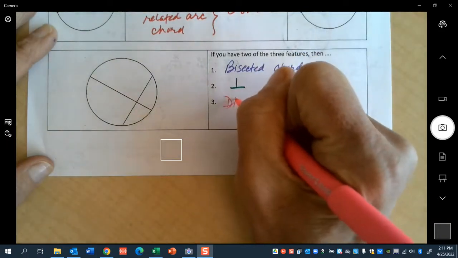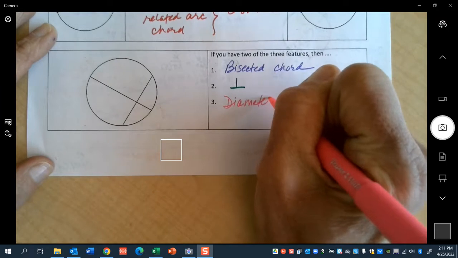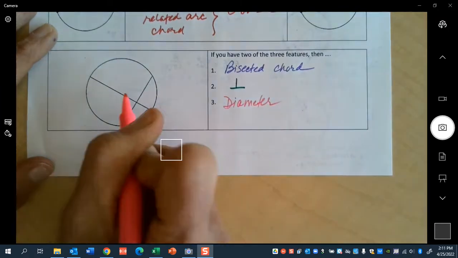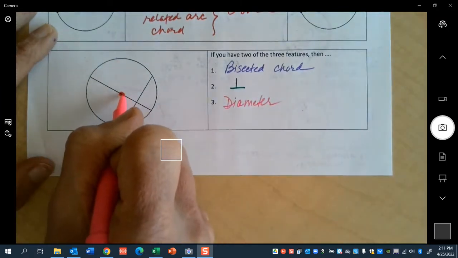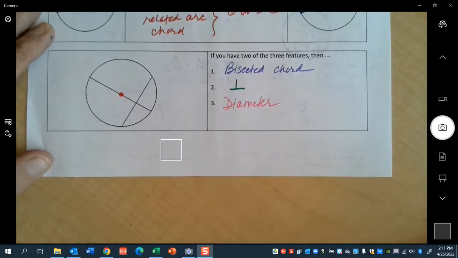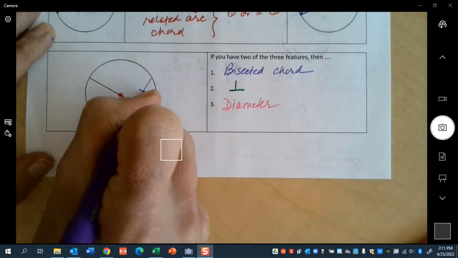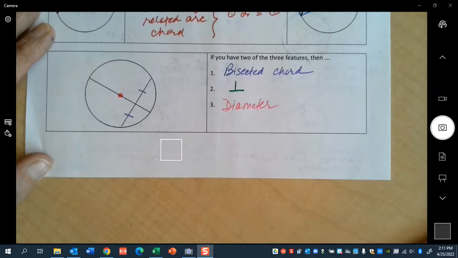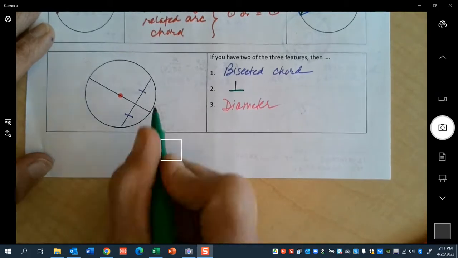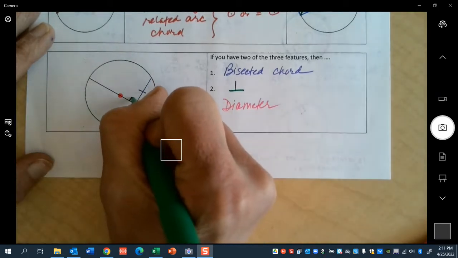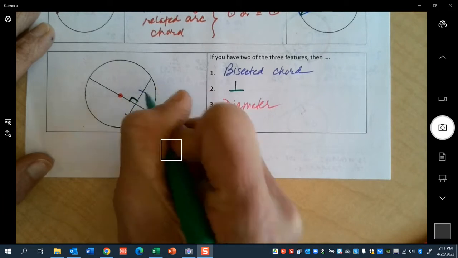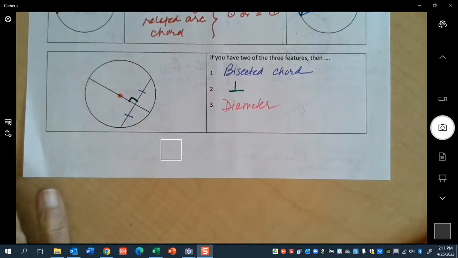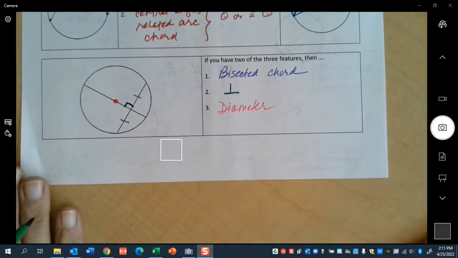And a diameter. A diameter is a chord that goes through the center of the circle. If something is bisected, it's guaranteed to be cut in half. And if it's bisected at the perpendicular angle, then the picture looks something like that.